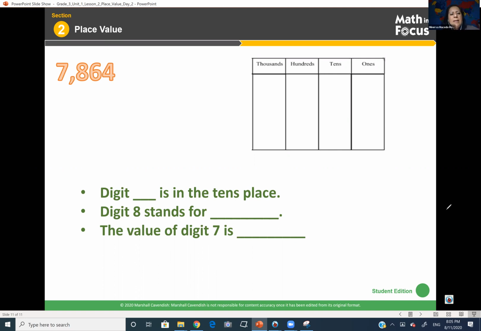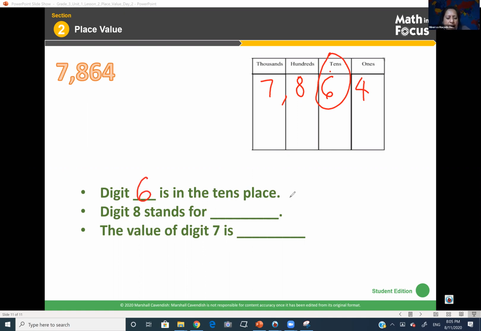Now I'm going to write the 7,869 in my place value chart, and then let me see the questions that I have. Which digit is in the tens place? So let's find the digit in the tens place. This is the digit in the tens place. So I'm going to write down digit 6 is in the tens place.